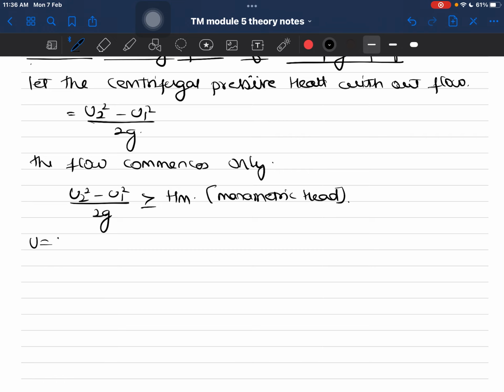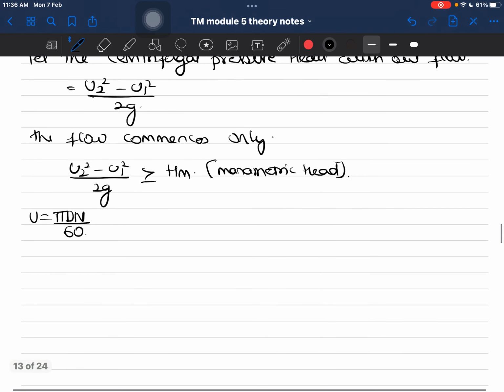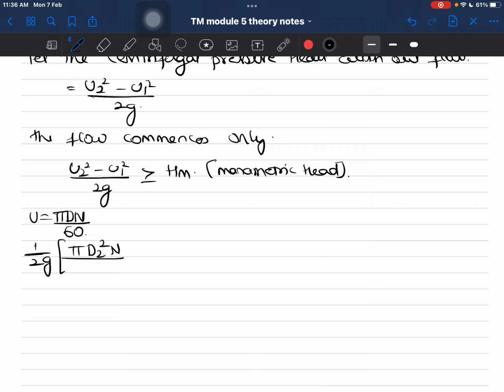You all know that U is nothing but pi d N by 60, which I am going to use now. So substituting in the above, it is 1 by 2g into (pi d2 N divided by 60) whole square, minus 1 by 2g into (pi d1 N divided by 60) whole square.